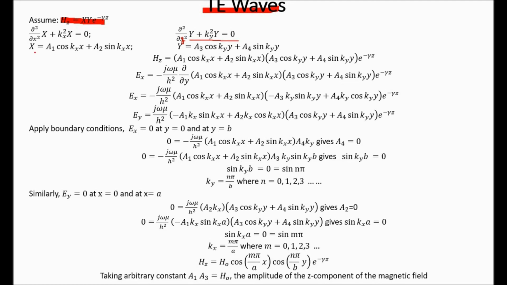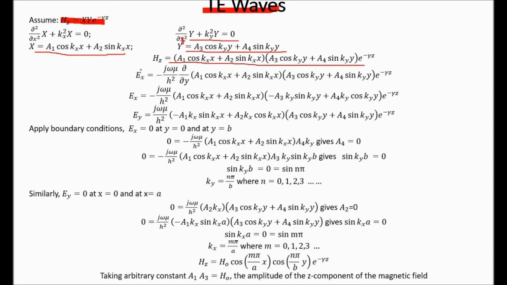So now we separate the expression in x and y directions and solve them with the separation of variables rule. Then you will come up with the solution for X equal to a1 cosine kx x plus a2 sine kx x, and also the solution for Y is a3 cosine ky y plus a4 sine ky y.